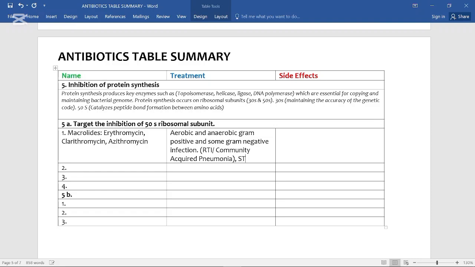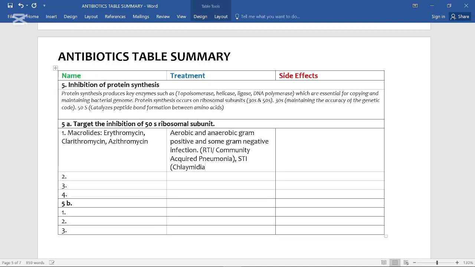Some are very good for STIs, especially for those with chlamydia. You have also seen this drug being used to treat clients who have chlamydia. So it's a very good drug when it comes to dealing with some of the STIs.